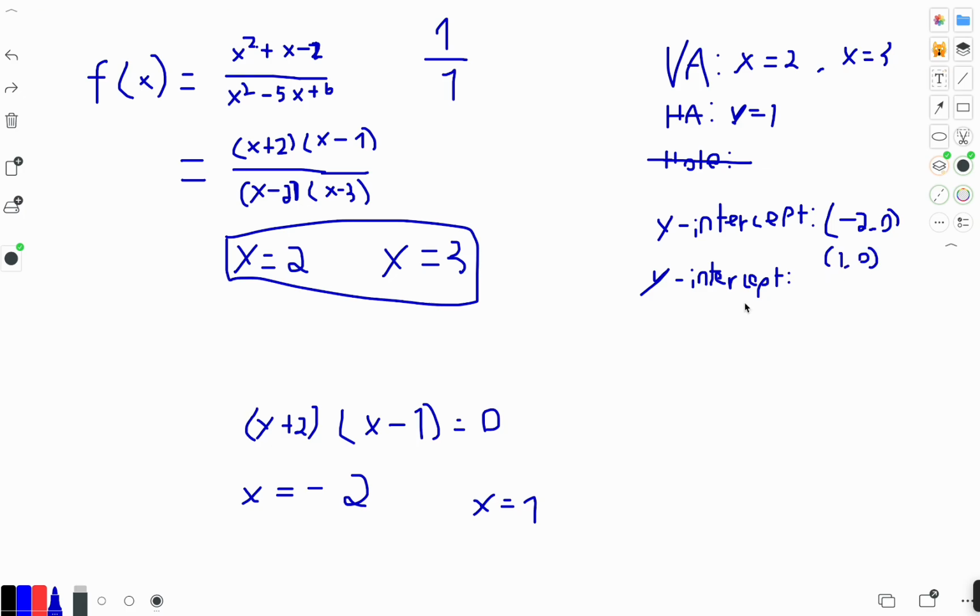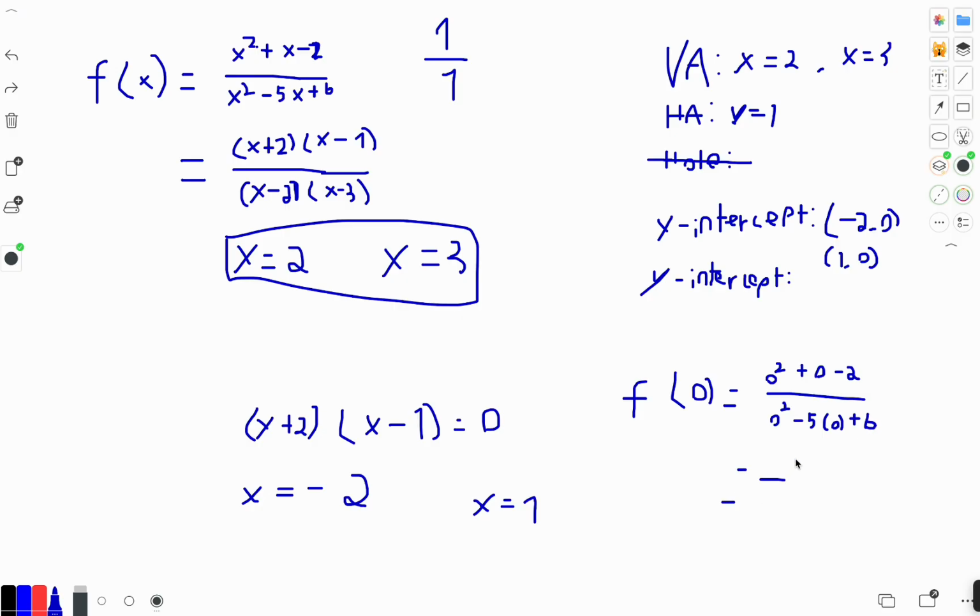Okay, y-intercept, we're going to plug in 0 for x. We get f of 0 equals 0 squared plus 0 minus 2 over 0 squared minus 5 times 0 plus 6.